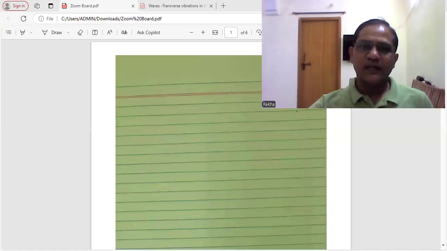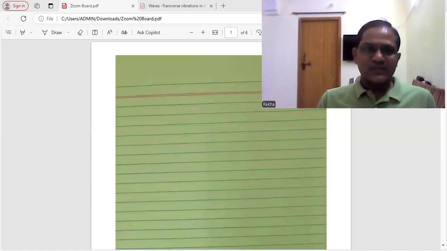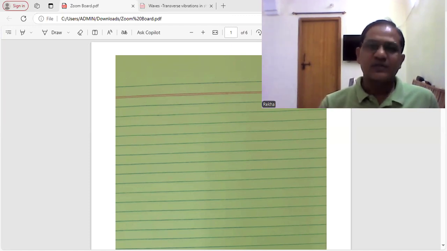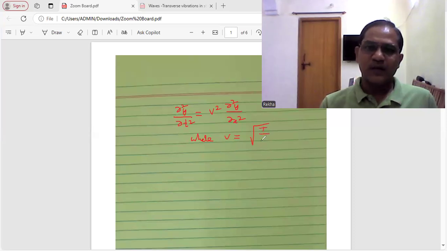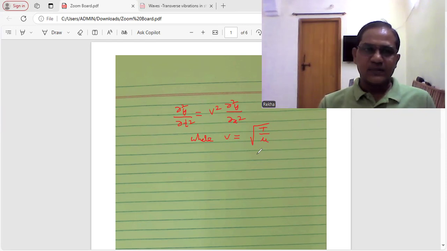When the wave is propagating through the stretched string, the wave equation is given by ∂²y/∂t² equals v² into ∂²y/∂x², where v is the velocity of the transverse wave, v equal to square root of T by mu. In this expression, T stands for tension applied in the string, mu is the linear density.